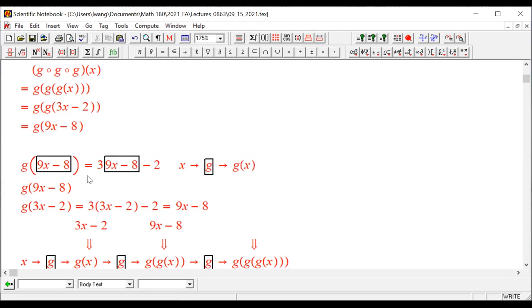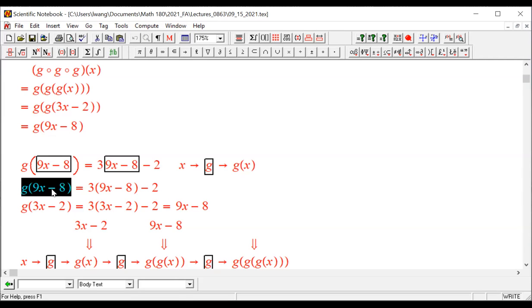So that equals 3 times that box minus 2. So you're repetitively using the same rule, but each time the input is different, because you use the previous output as the new input. And in the end, what do we get?